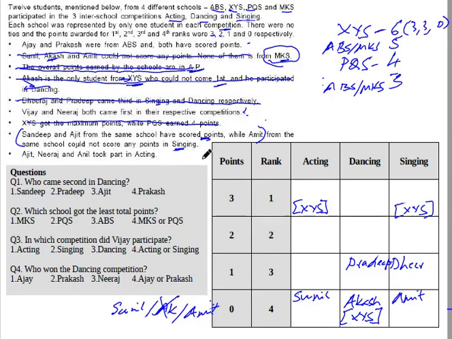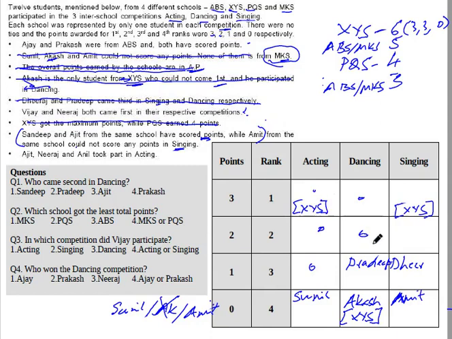Sandeep and Ajit are from the same school and have scored points, but Amit did not score any points in singing. Now Amit is here. So Sandeep and Prakash have to be in one of these 2 parts. Now Amit cannot be from XY, so Sandeep and Prakash cannot be from any of these 2. So Sandeep and Prakash can be either 3 and 2, or they can be 2 and 1, or they can be 1 and 2.